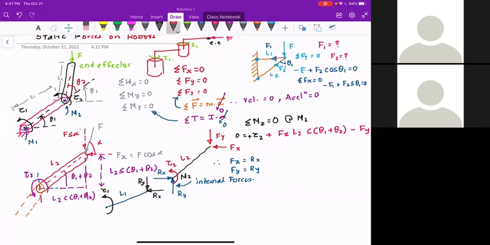Initially, this link number 1 was attached at the hinge, but I separated this link from the hinge.